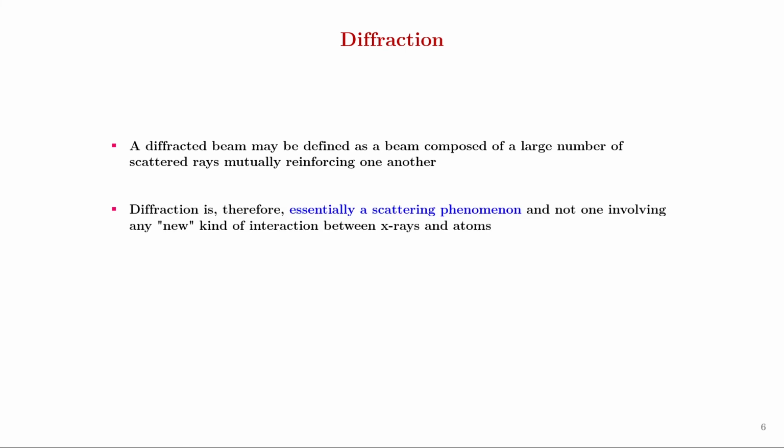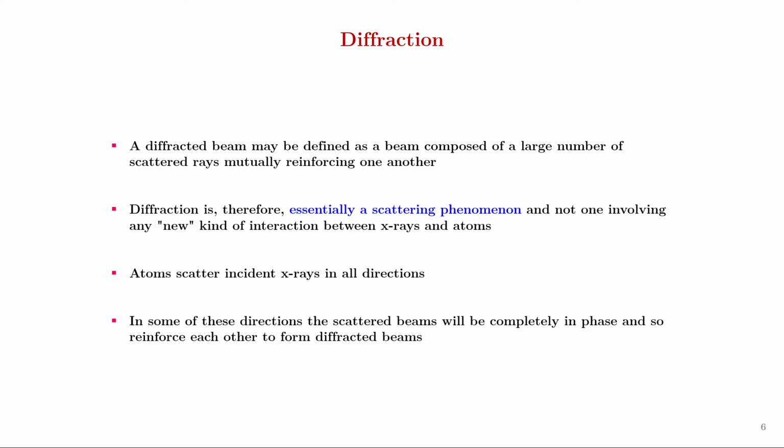Diffraction is, therefore, essentially a scattering phenomenon and not one involving any new kind of interaction between X-rays and atoms. Atoms scatter incident X-rays in all directions. In some of these directions, the scattered beams will be completely in phase and so reinforce each other to form diffracted beams.